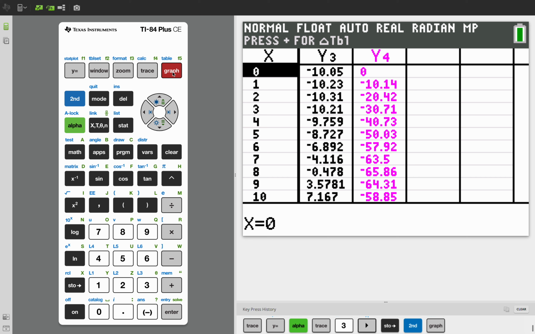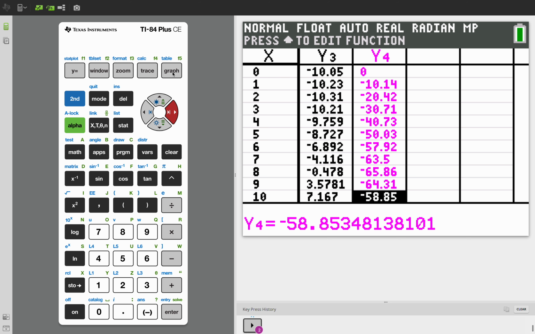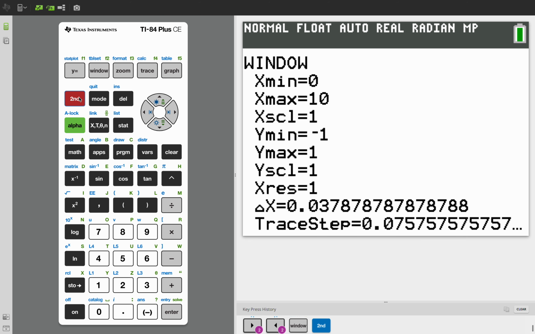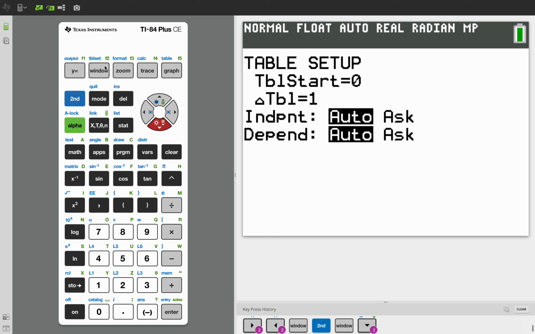Now, you know what 0 is because that's 0, and you know what 10 is because that's going to be negative 58.853. To figure out what 8.12 is, I want you guys to go to table set, so second window. And then on independent, I want you guys to click on ask.